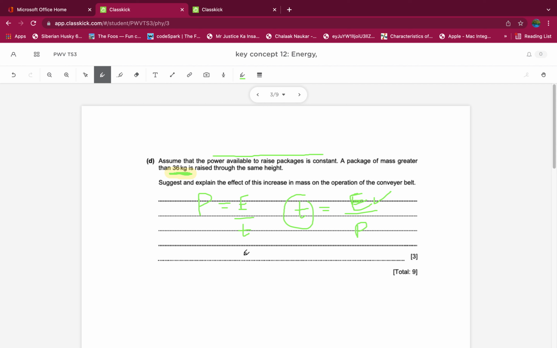So you will write here in any form that power is constant, speed reduced, or time taken longer. These words we must mention here.